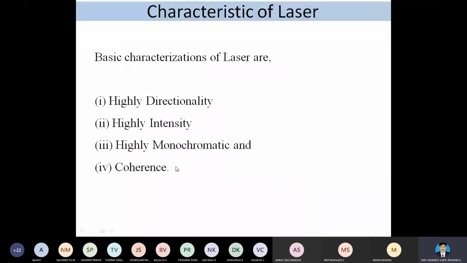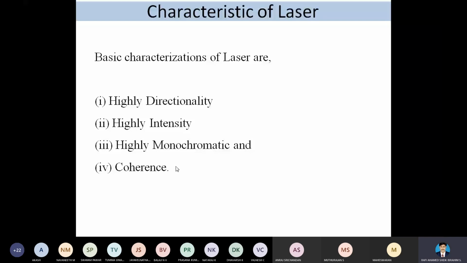So let's start our today's class with characteristics of laser. Basically, there are 4 important characteristics which define the working principle of laser.